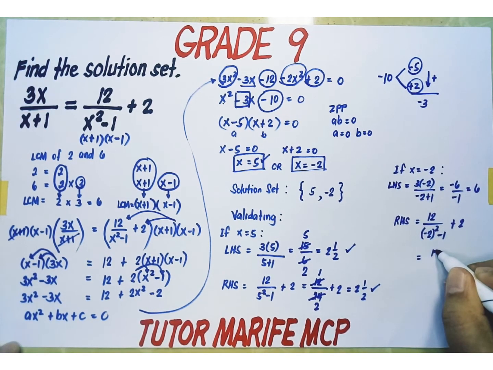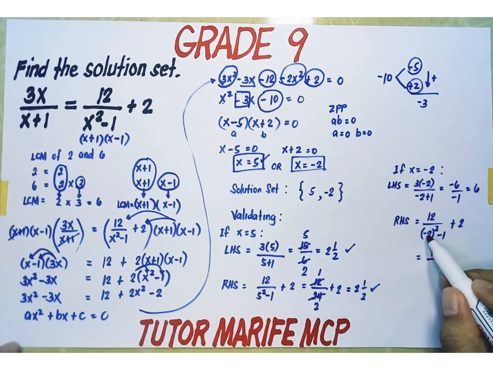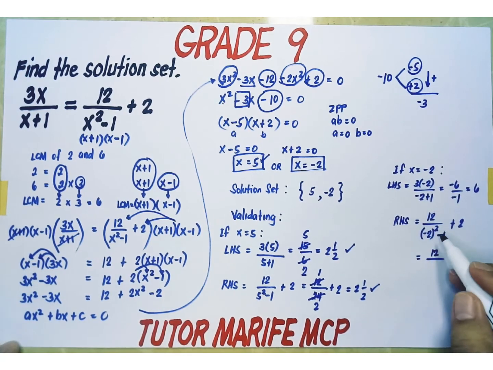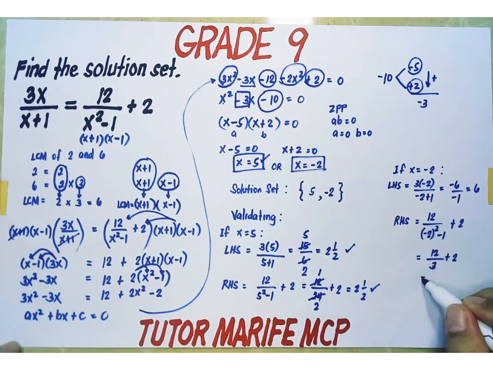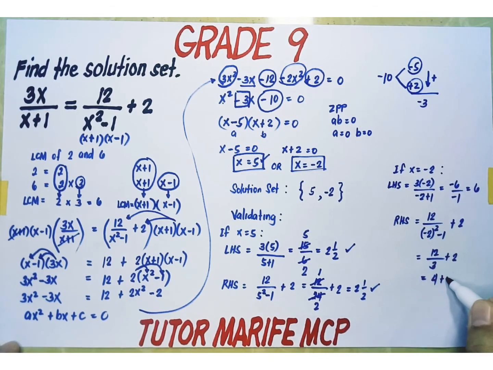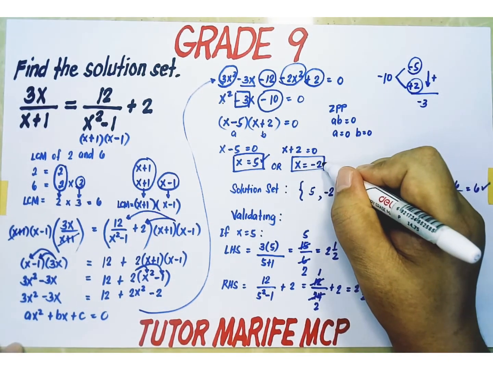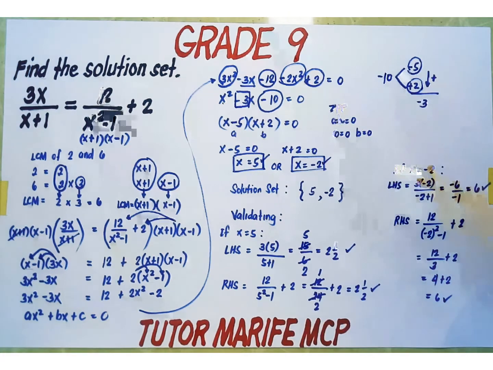So, it's 12 over negative 2 squared is positive 4. Minus 1, 3. Plus 2. 12 over 3 is 4. Plus 2, it's 6. Left-hand side is equal to right-hand side. Therefore, our second solution is also correct.